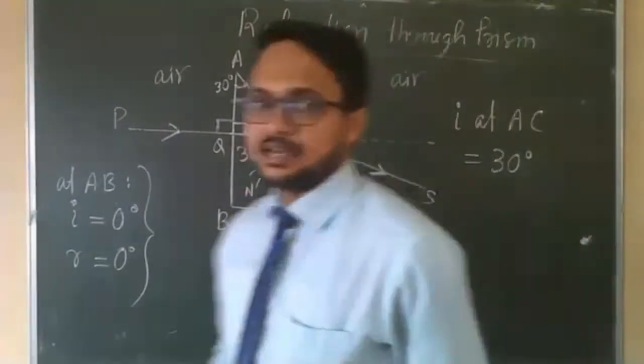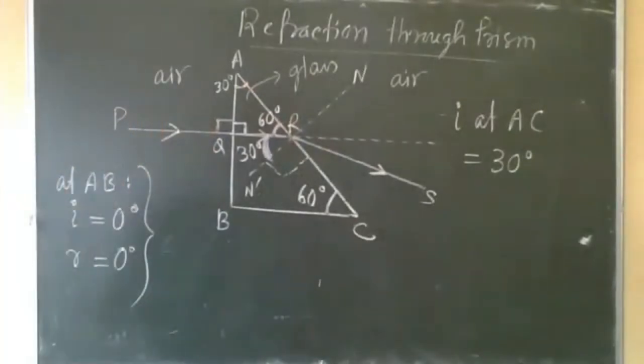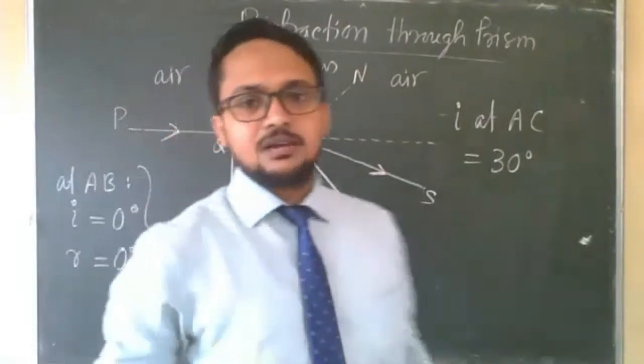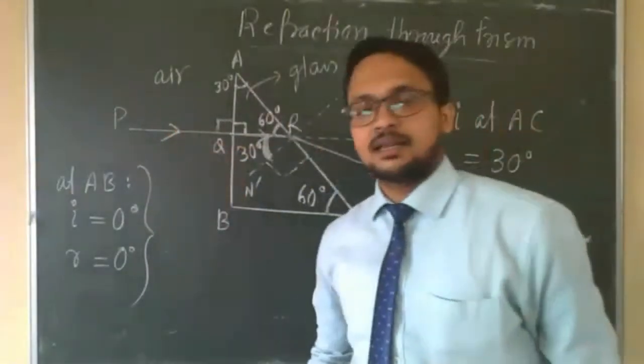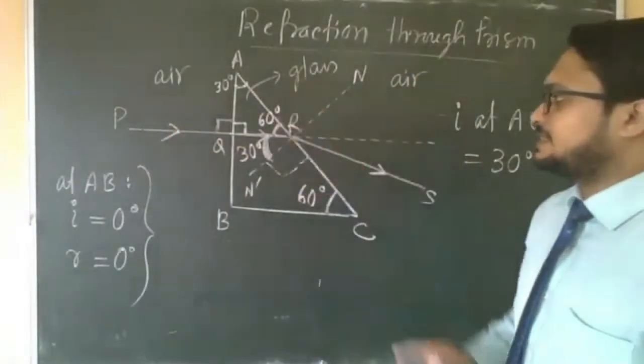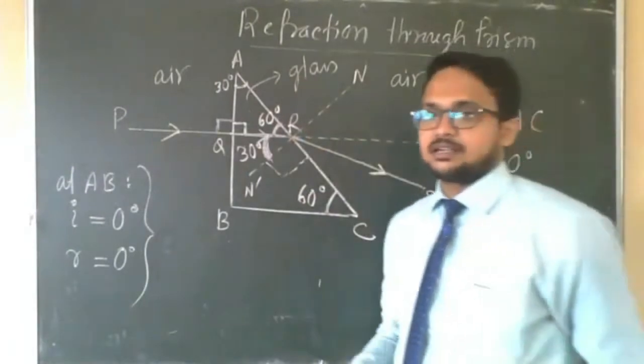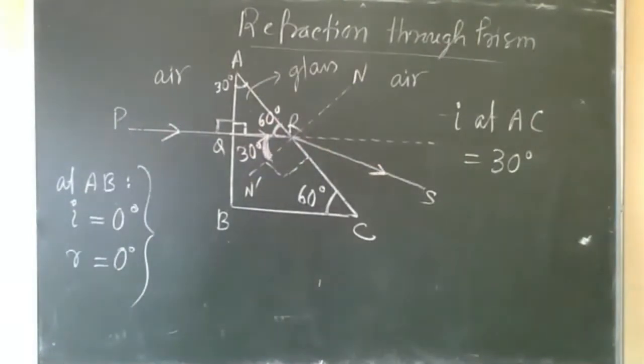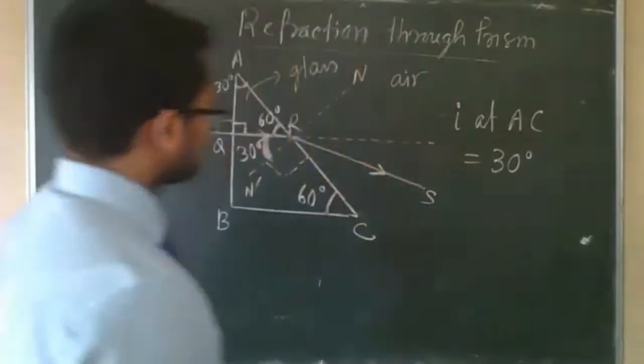So you can get this kind of question: complete the ray diagram; at surface AB, what is the value of the incident angle and refracted angle; then at surface AC, what is the incident angle. Is it clear, everyone? Any doubt? Yes, sir.